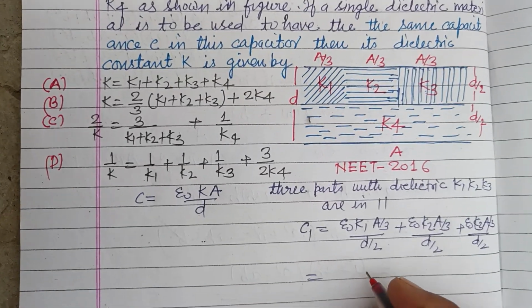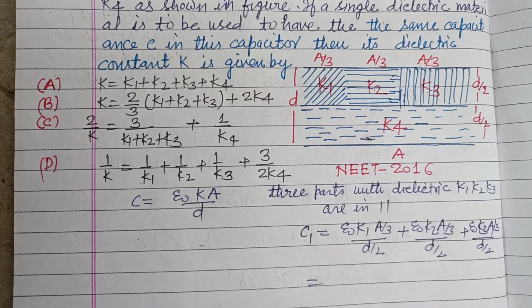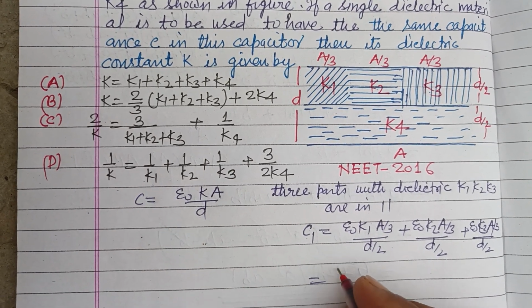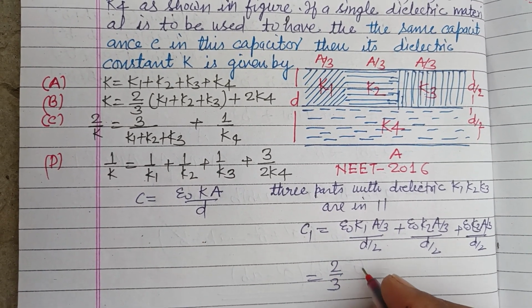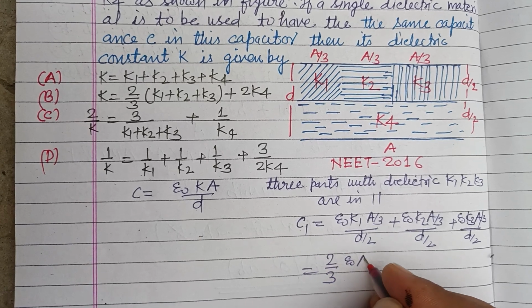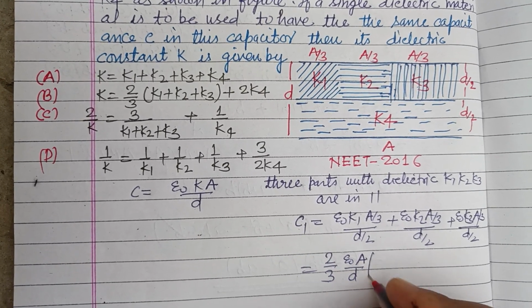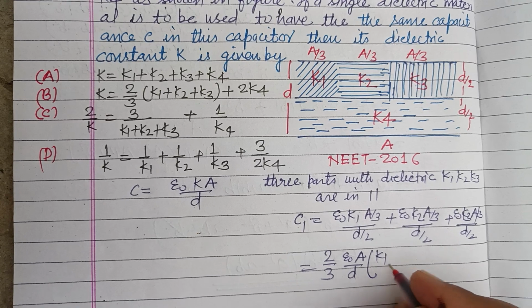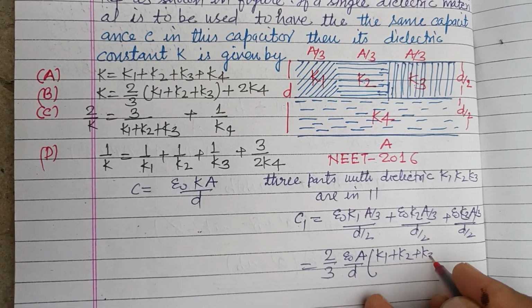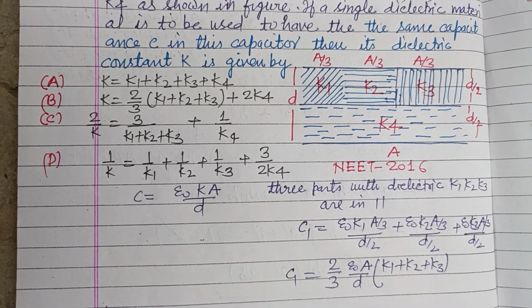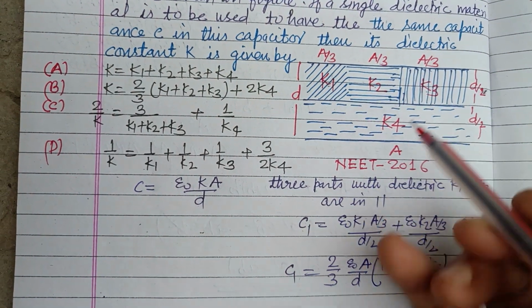This becomes 2 by 3 epsilon naught A upon D, with D common, times K1 plus K2 plus K3. So this is the C1 of these three parts.